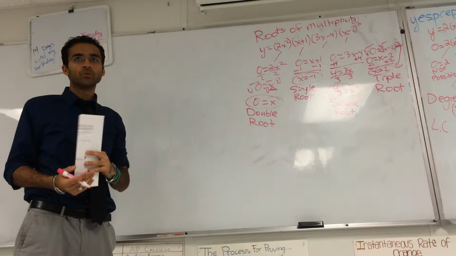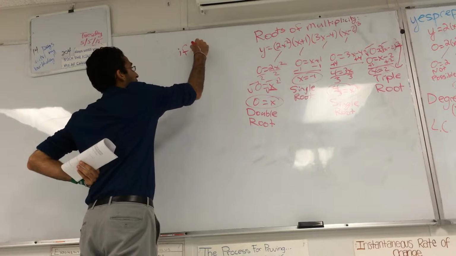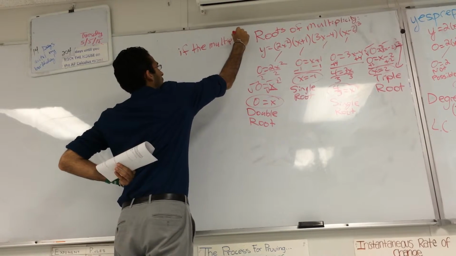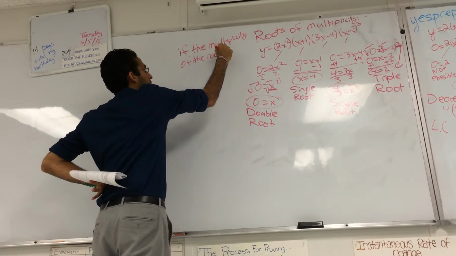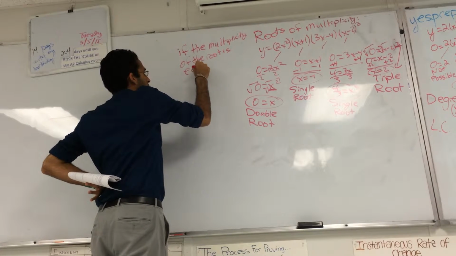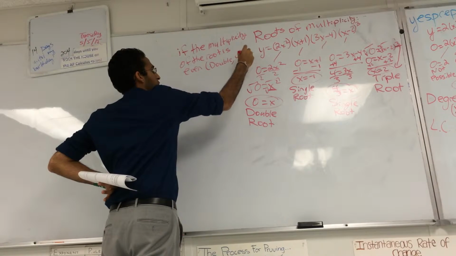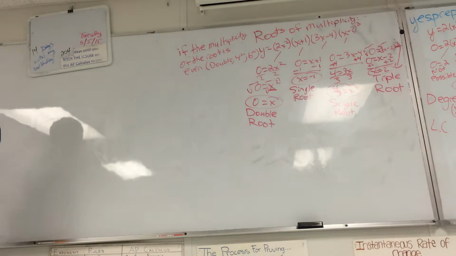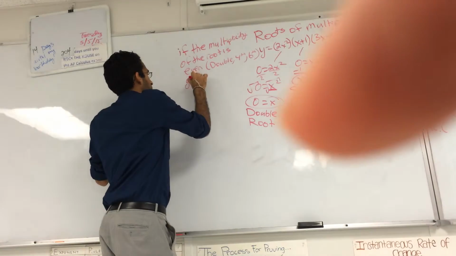Yeah. So let's now see what the graph looks like. You're going to want to write this down: if the multiplicity of the root is even, what we mean by that is a double root, 4th, 6th, any even number root, the graph just touches, or just bounces, or just kisses the axis.